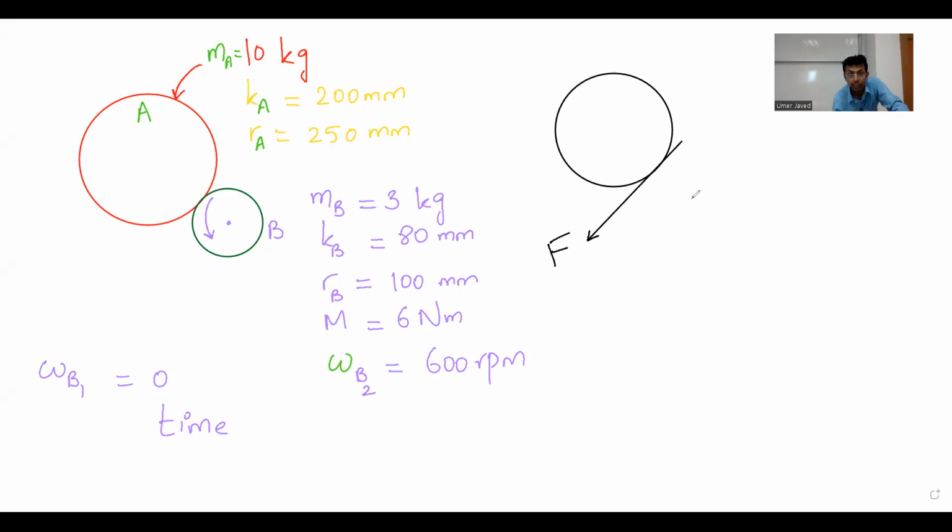Then if you draw the second free body diagram for the motor, if the motor is going like this, it has to bear a force by the cylinder in that direction. And of course, you want to make the arrows parallel, right?